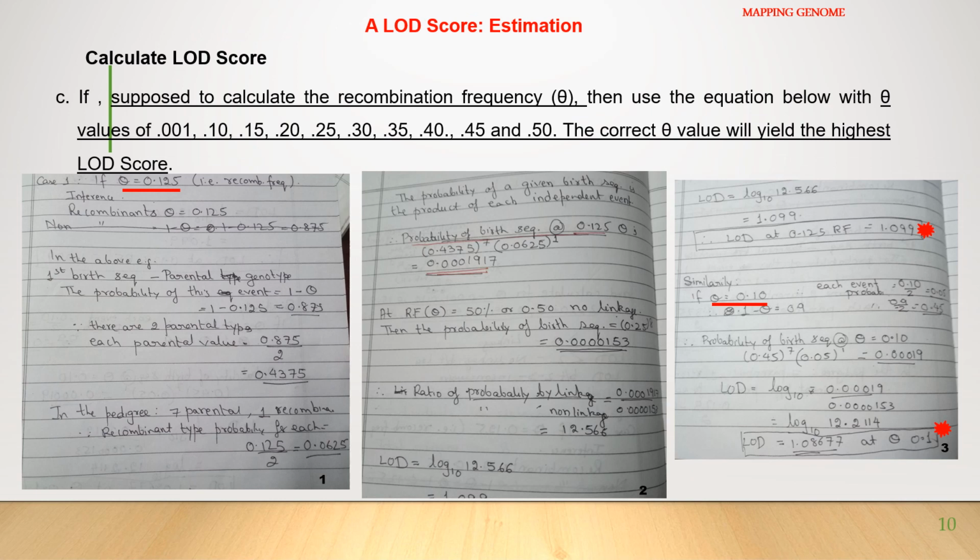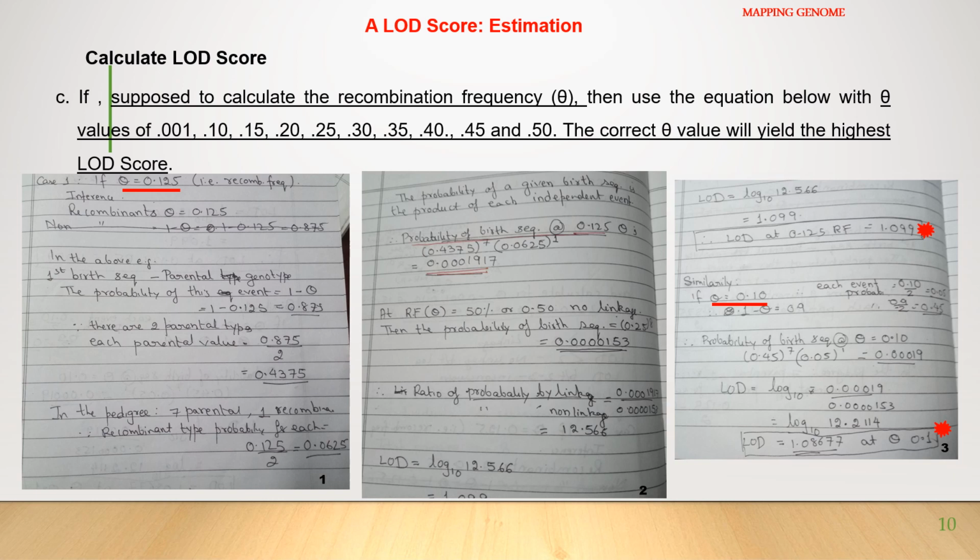Now, in the third instance, as discussed in the earlier slide, if the recombinant frequency needs to be calculated, then we need to find the values for recombinant frequency at varying levels, that is 0.001, 0.1, till 0.5, and the correct theta value will yield the highest LOD score. I have given an example here.